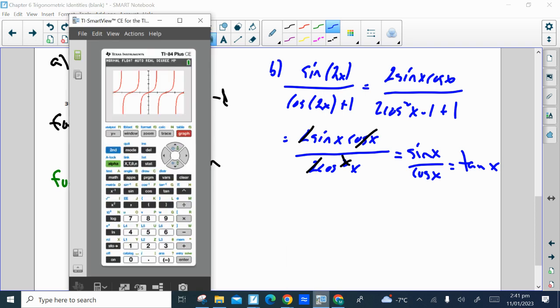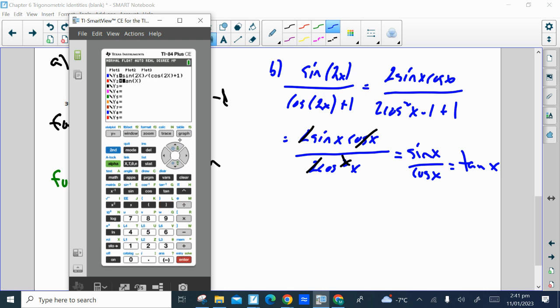And we can verify that on our calculator to make sure. So it's sine 2x divided by, in brackets, cos 2x plus 1. And that should be the same graph as tan x.